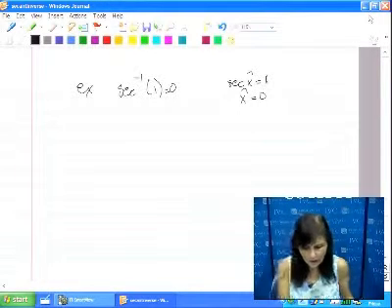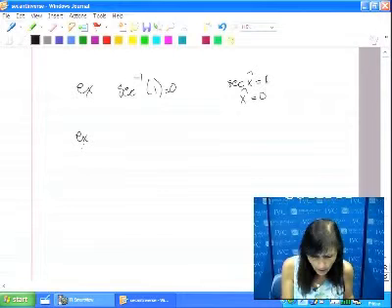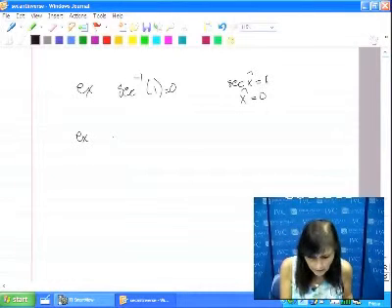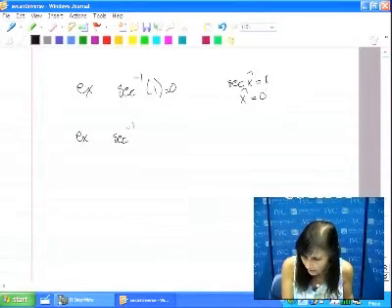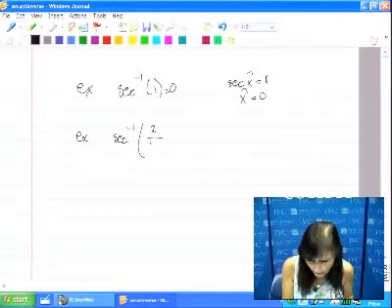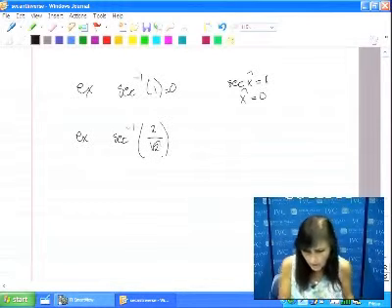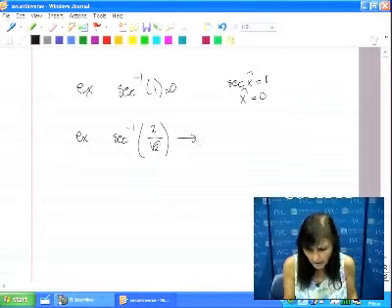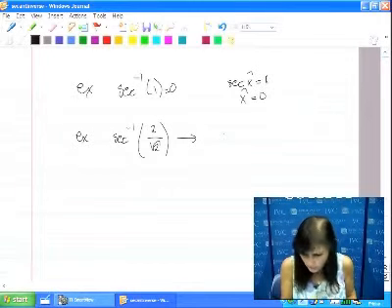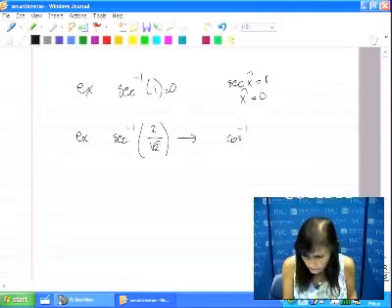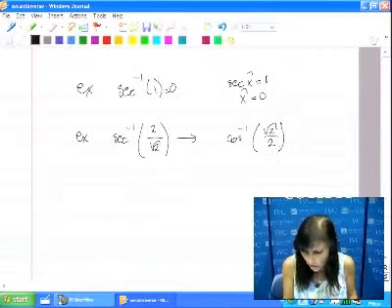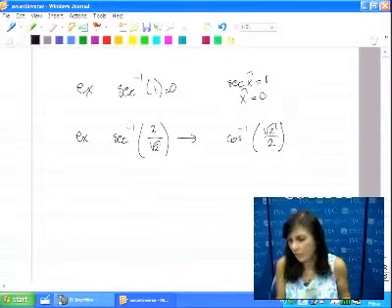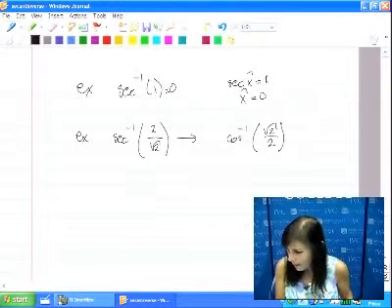Let me do the other example because it's a little bit harder to figure out. Let's say I'm looking for secant inverse of 2 over rad 2. Well, remember how that works in the calculator. It is supposed to be cosine inverse of rad 2 over 2, the reciprocal. What cosine gives me rad 2 over 2? Remember what that was?